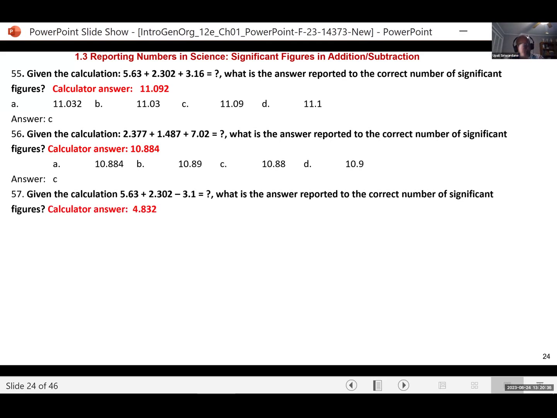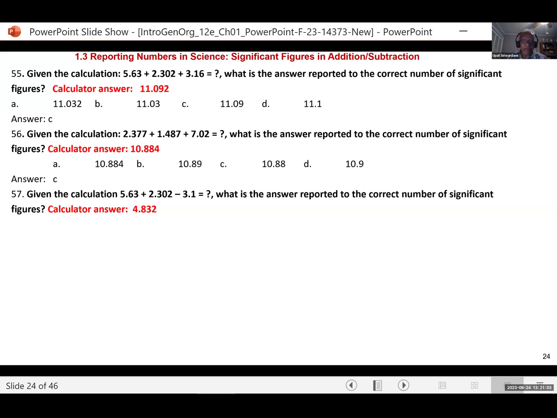Same idea, problem 57. You added these first two numbers and subtracted the third number. You can do it in the calculator. So the calculated answer is 4.84. It should be rounded off to the first decimal place.